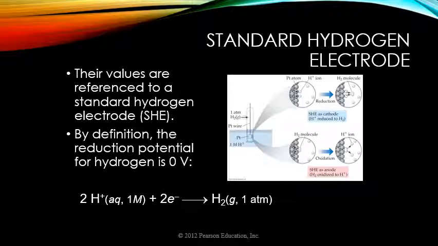That hydrogen electrode would then be referenced as part of a half cell with some other substance, and we can see the change in the energies that are electricities based on the flow of electrons that would be present within those systems.